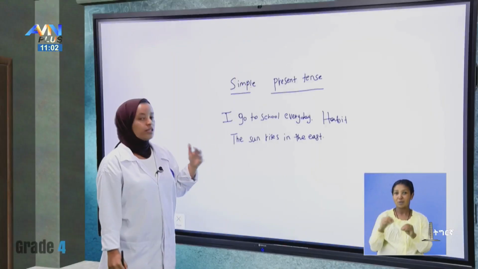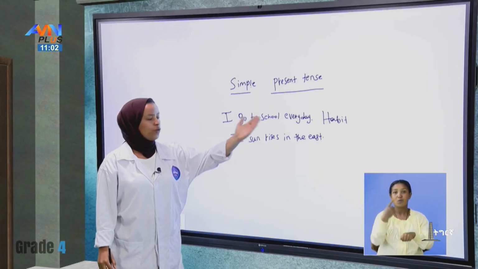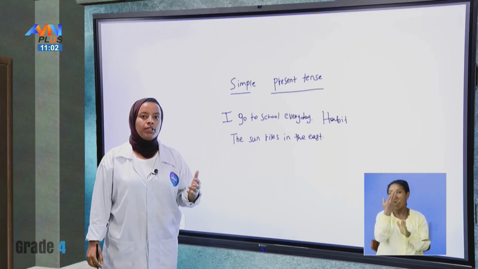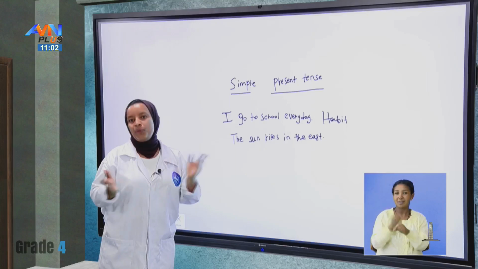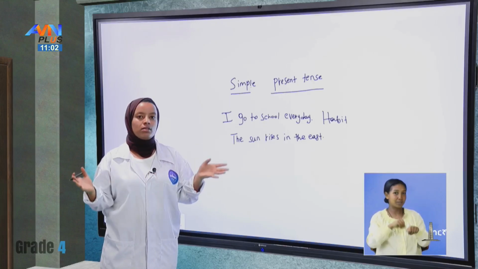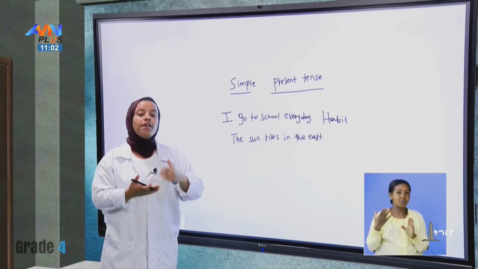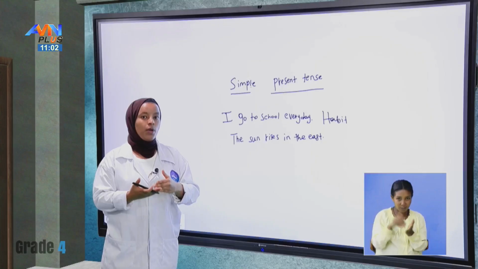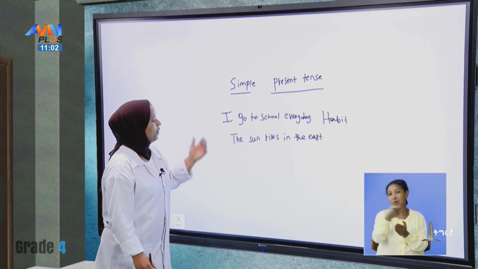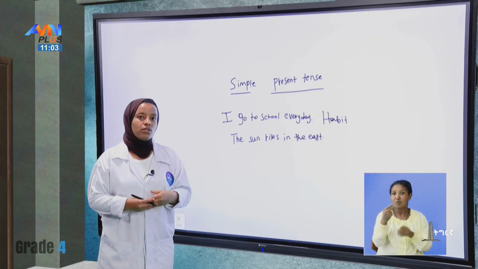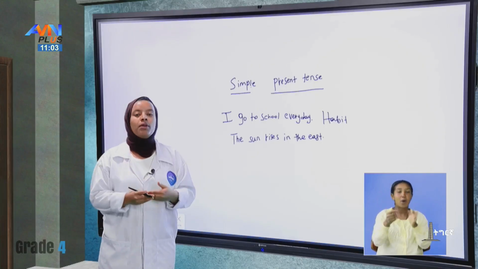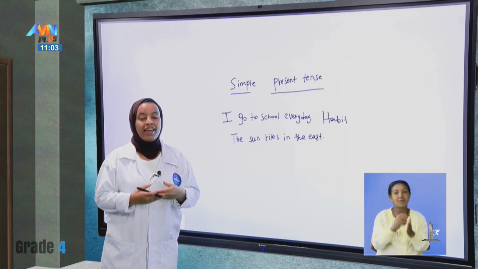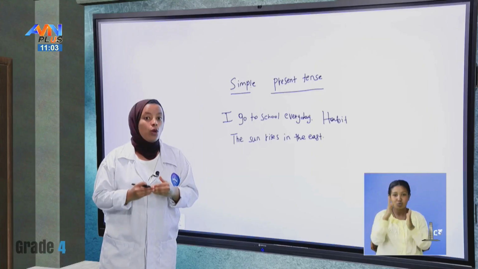We can use simple present tense first to show habitual action that you are doing every day or every week. It might be every month. It has to be frequent and also a habit. The next one, to show sentences that describe general facts and truths that are always the same.